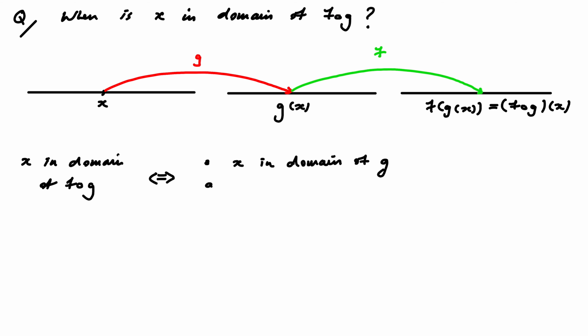And this is very important, and I think this is where things get more complicated or more confusing, we need g of x to be in the domain of f. Those two things have to happen. So I think this is sufficiently important that it should be highlighted.